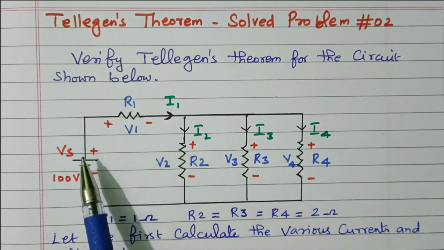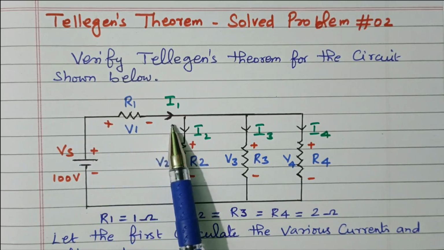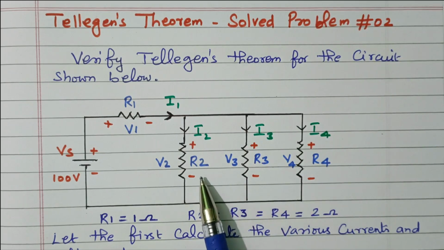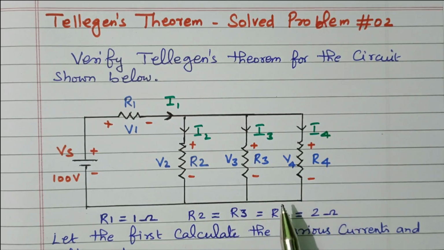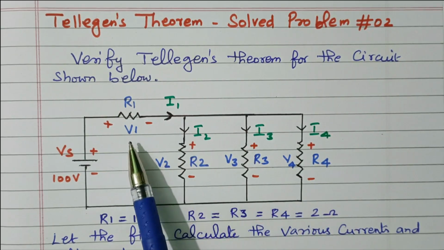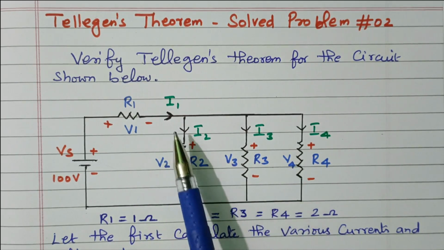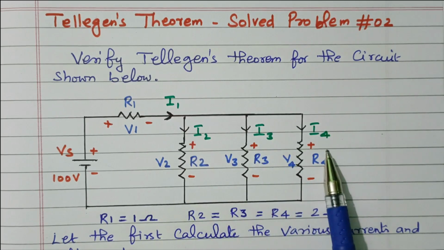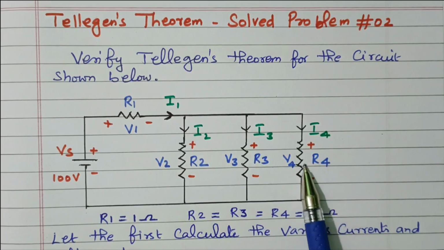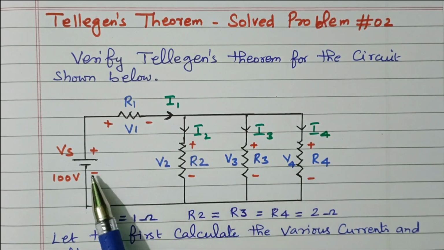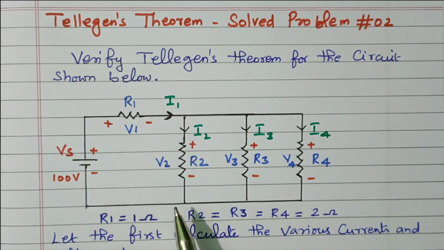The total current is I1, which is then split into I2, I3, I4 through the resistors R2, R3 and R4. We need to find the values of V1, V2, V3, V4 and similarly I1, I2, I3, I4. From that we find the power across the resistors and the power delivered by the source.